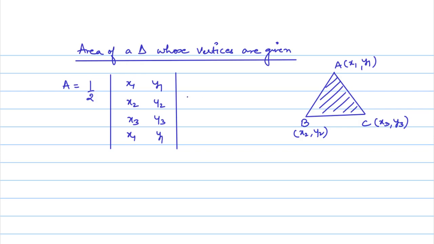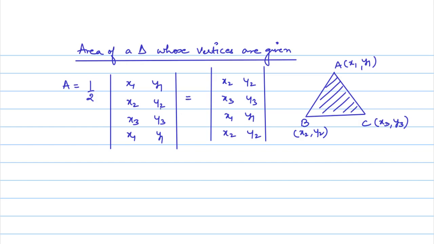You could have also started out from point B. You could have written x2, y2, x3, y3, x1, y1, and ending at the point where you started, x2, y2. This is one and the same thing and will give you the same answer.